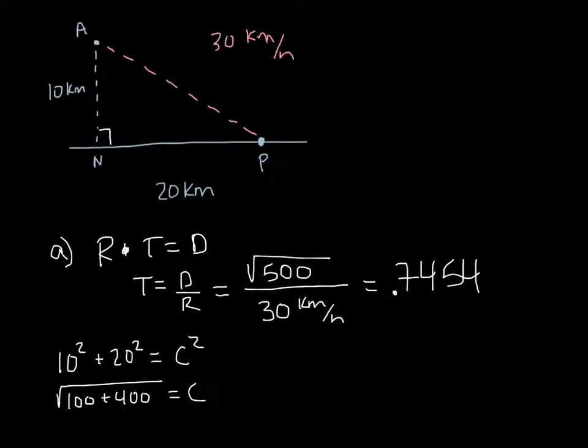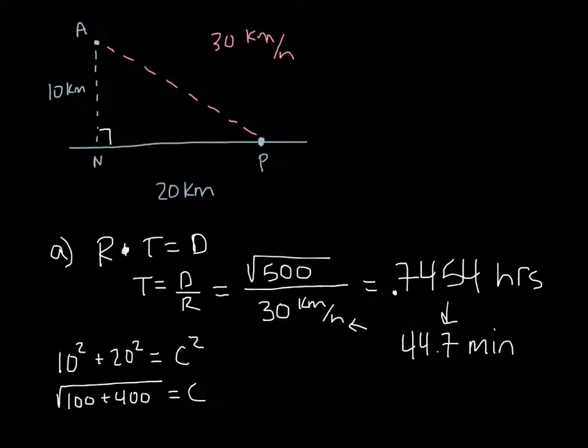And that represents hours, right? Because I've got hours in my units here, I'm going to need to multiply that by 60. So this is hours, and to get minutes, I'll multiply by 60, and I'm going to get 44.7 minutes.